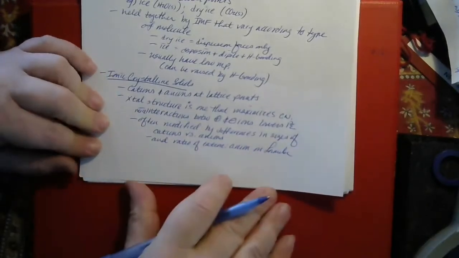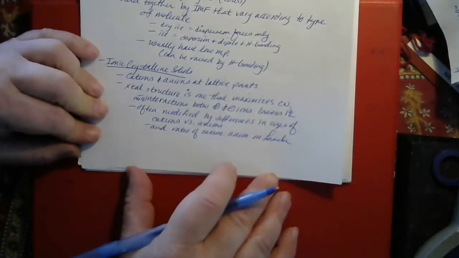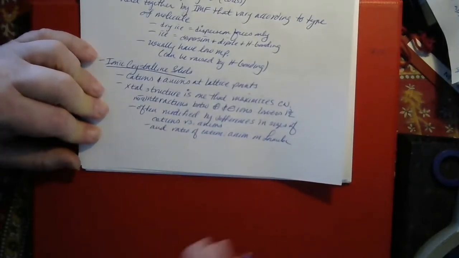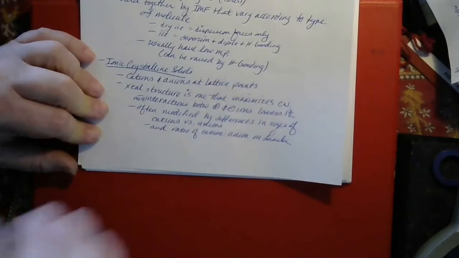Okay, so that and the ratio of cations to anions in the formula can affect which crystal structure will be adopted for a given compound.